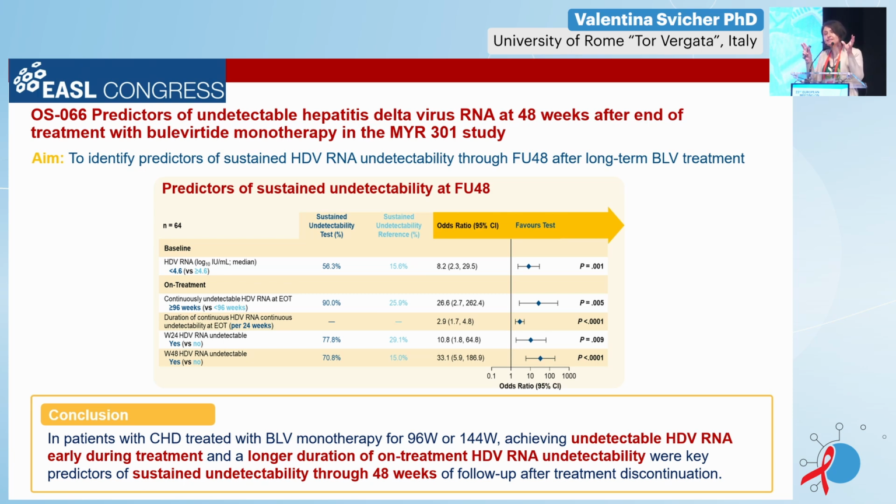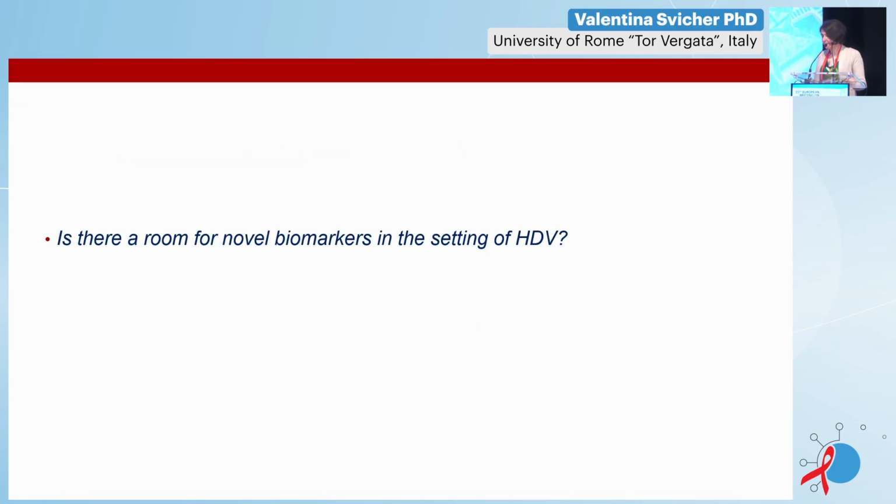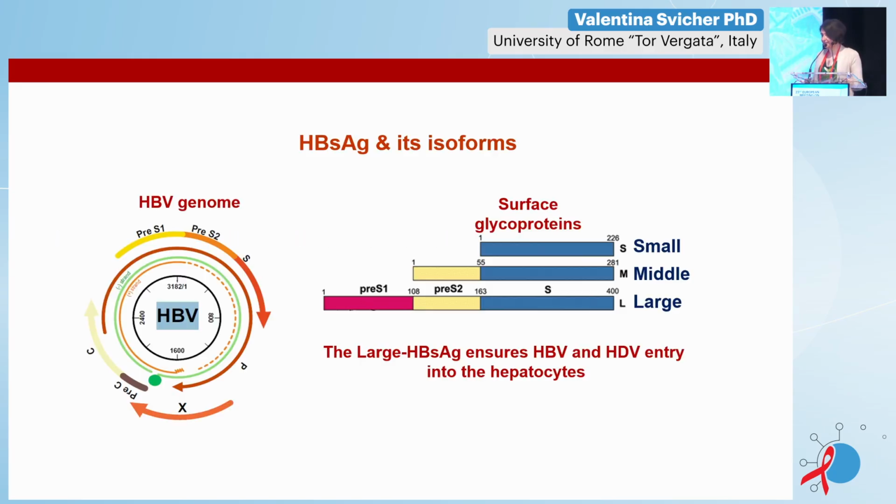This means that these two parameters could potentially help us identify patients that could be more prone to achieve Delta infection cure.